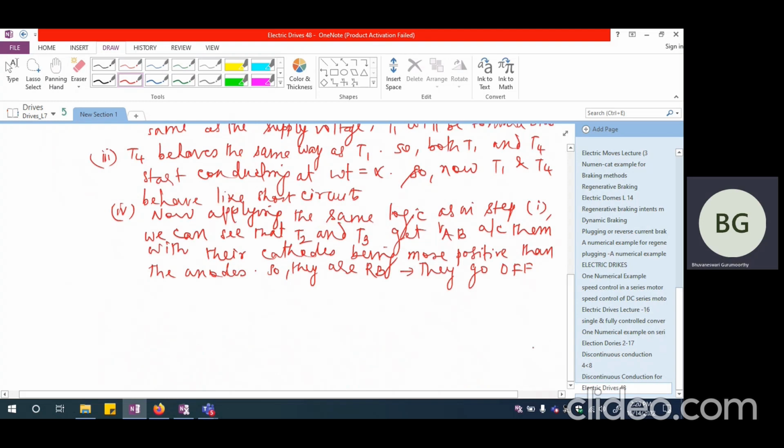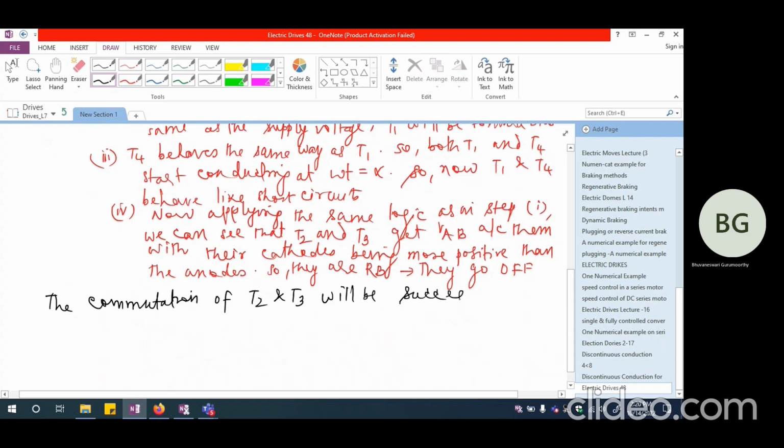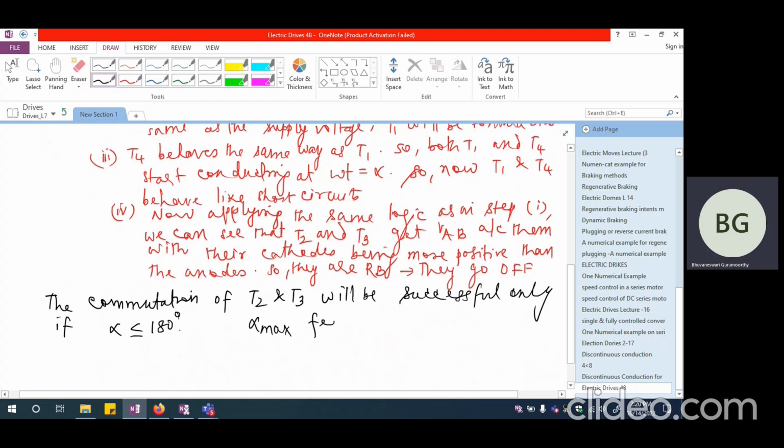So the commutation or turning off of T2 and T3 will be successful only if alpha is less than or equal to 180 degrees. So the maximum alpha feasible is 180 degrees or pi radians. You can't have more than that.